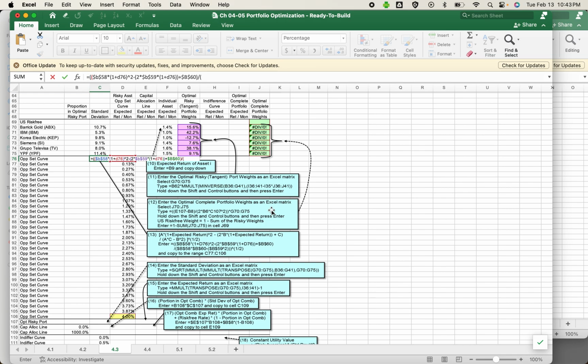open parentheses again, $B$58 times $B$60. So notice these dollar signs, I'm locking these cells because I'm going to drag them down here.